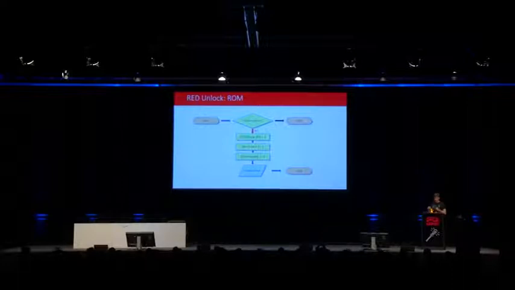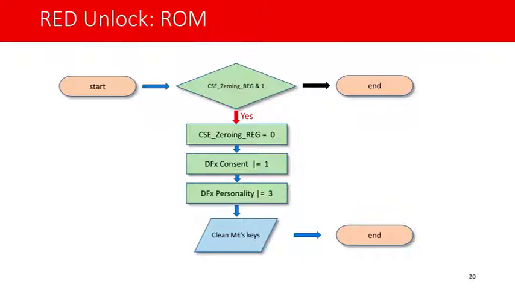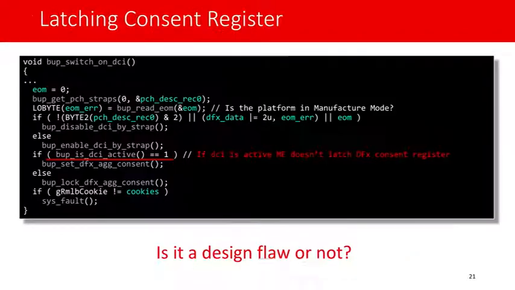After that, ROM checks the CCS request register, and if it is set, it cleans this register and switches on consent and personality. It means red unlock. After that, ROM cleans ME keys and continues working.